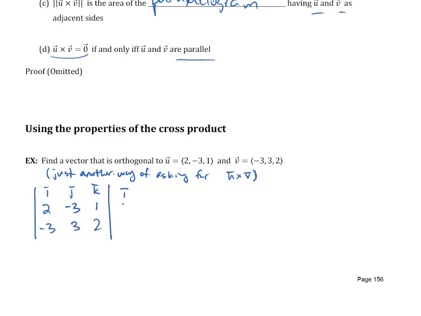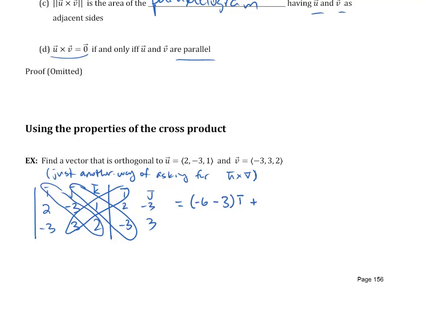So we do the forward diagonals with the i's in it, and the back diagonal with the i in it. We end up with -3 times 2, which is -6, minus a 3 times 1, which is 3, all times i, plus forward diagonal for the j, and the back diagonal with the j in it.